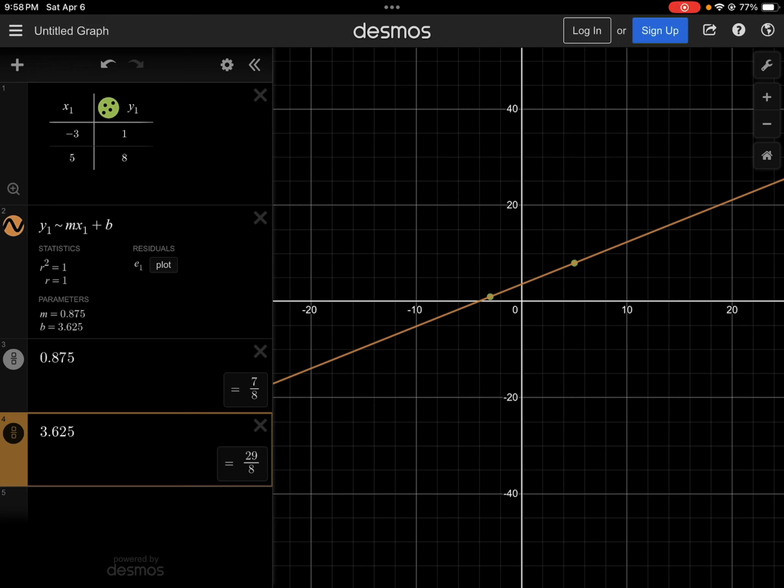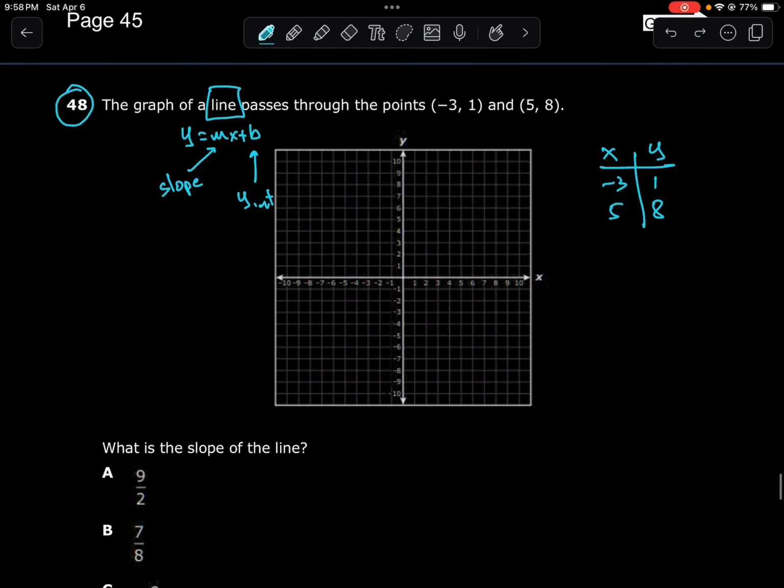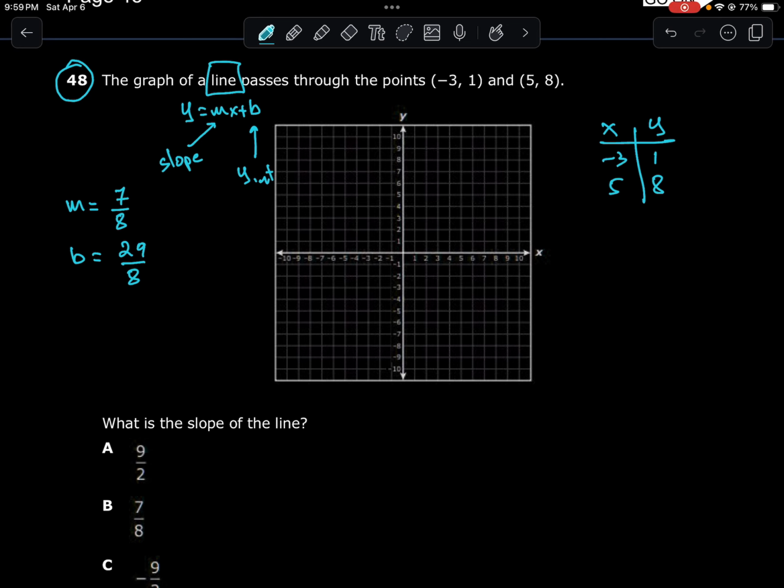Okay, so the slope is 7/8, and b was 29/8. If I wanted to write the entire equation, here I just need the slope, but that would be 7/8x plus 29/8.